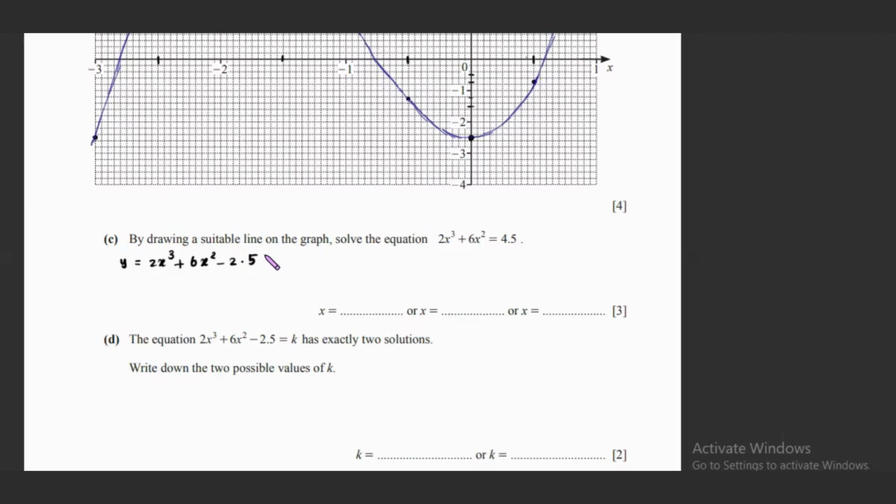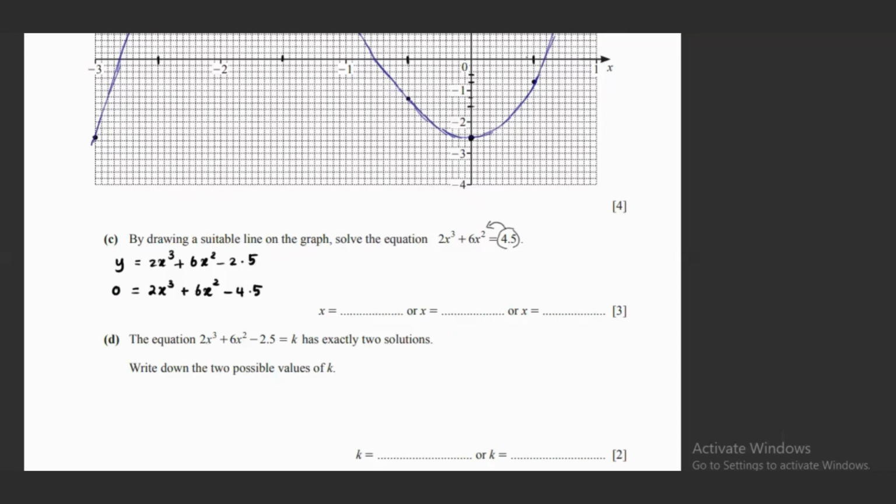And the equation given to us in the question is 2x cubed plus 6x squared is equal to 4.5. So I'm going to bring this 4.5 to this side. So it will be 2x cubed plus 6x squared, and when the 4.5 goes to the other side, it becomes minus 4.5. This is equal to 0.